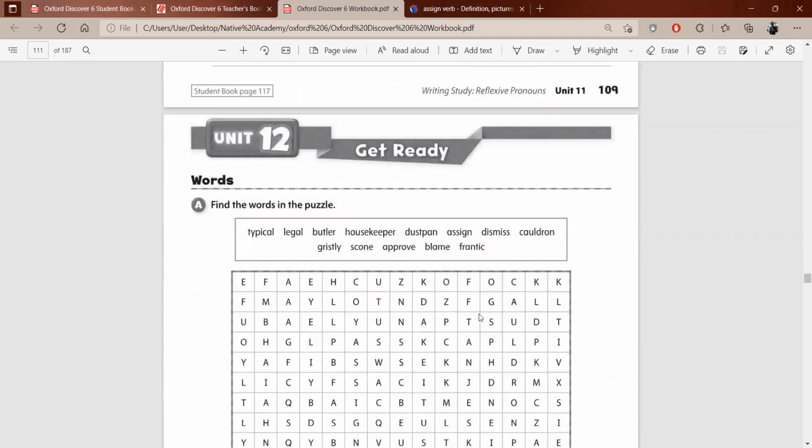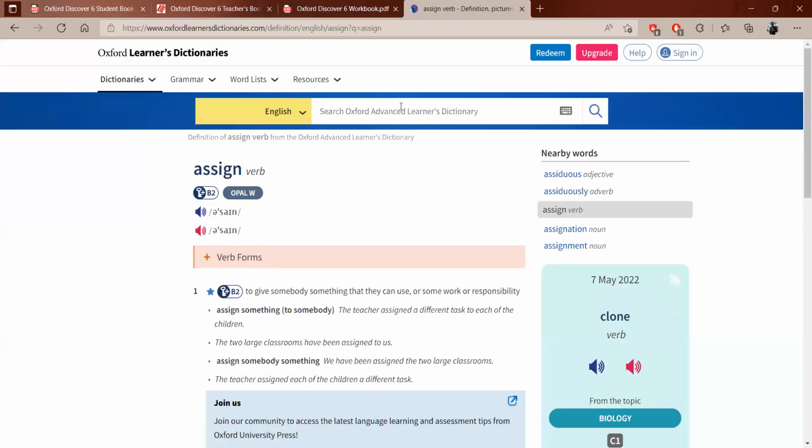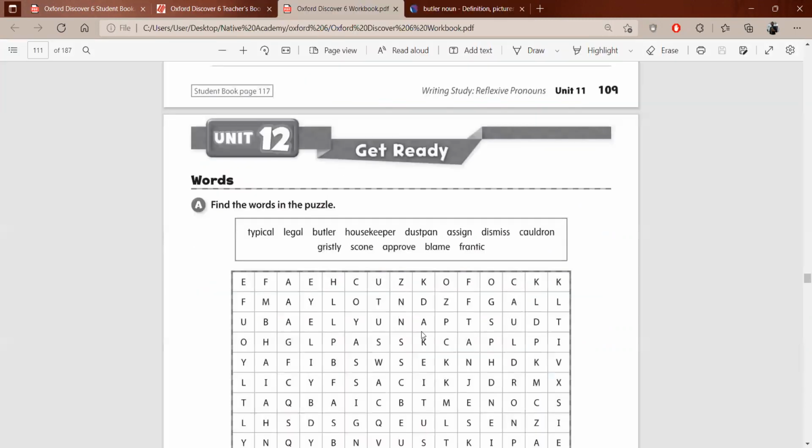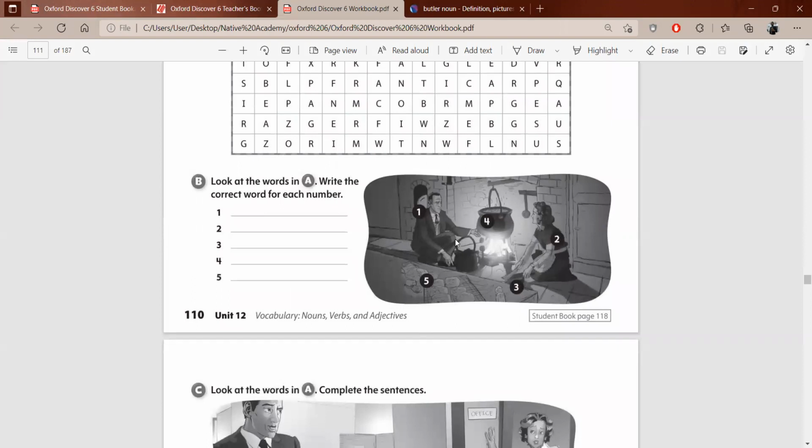So number one is the butler, and I'm going to show you the definition in Oxford. The main male servant in a large house. That's why the butler is a man and the housekeeper is a woman, who takes care of everything in that large house.